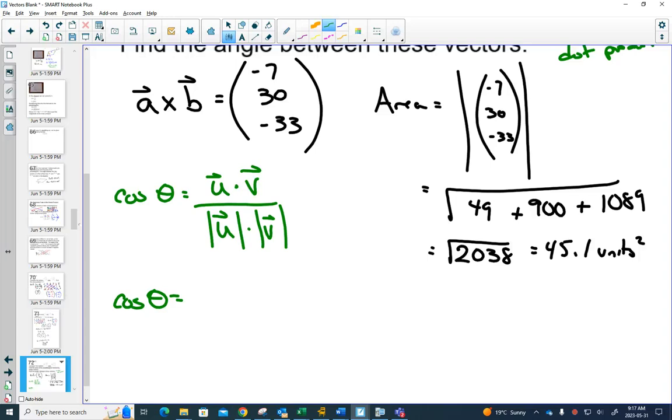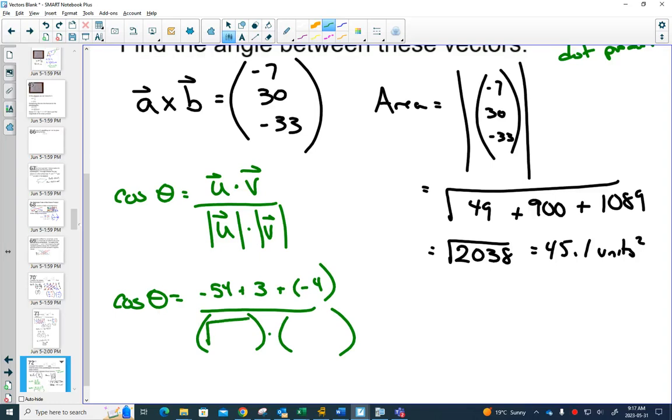So the dot product on the top would be negative 6 times 9, negative 54, plus 3 times 1, 3, plus a negative 4, or this is A and B, sorry. Look at that. I can't even tell that I ever wrote a U and a V.